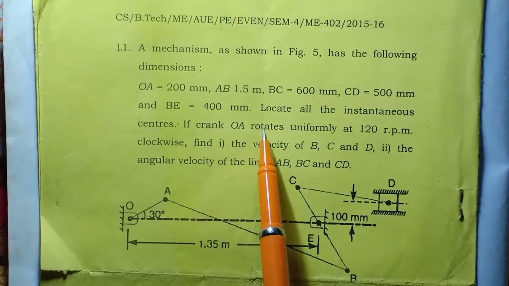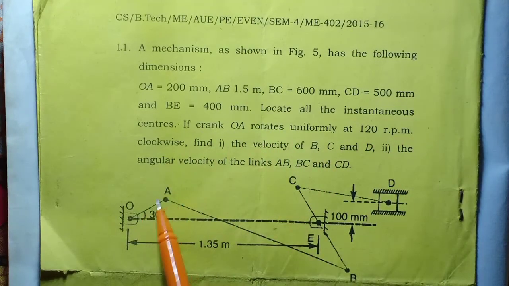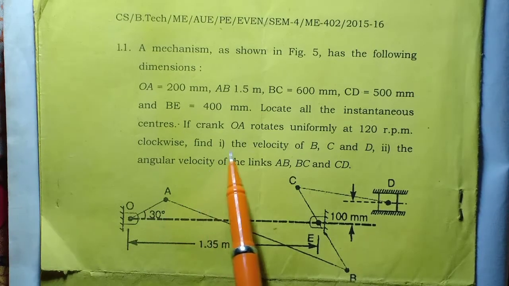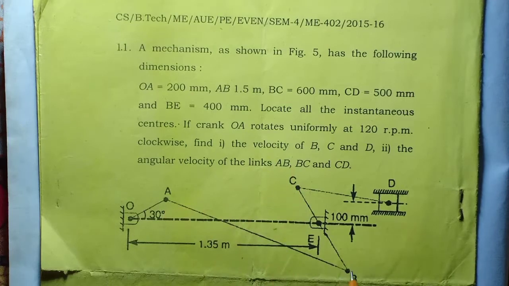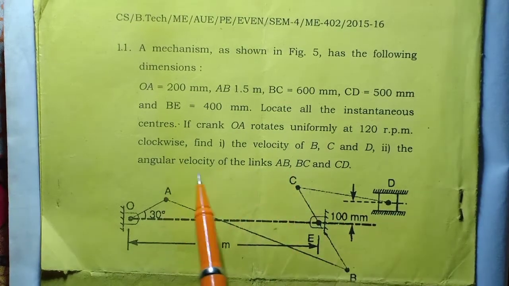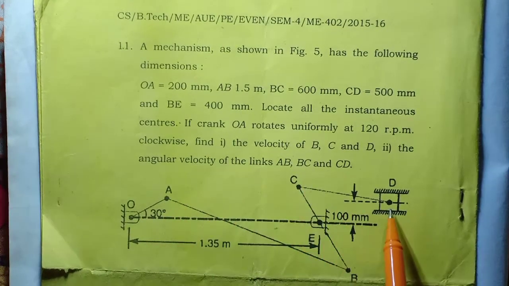If crank OA rotates uniformly at 120 rpm clockwise, so OA is acting as a crank and it is revolving continuously, uniformly at 120 revolutions per minute, in the clockwise direction, we need to find out the velocity of point B, point C and point D, and the angular velocities of the links AB, BC and CD.